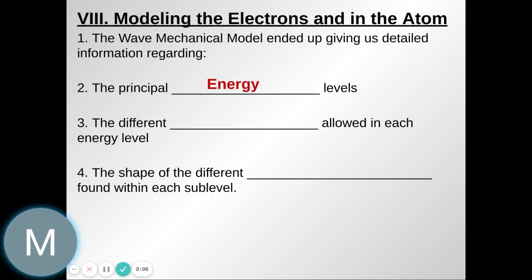First of all, principal energy levels. It's also going to give us information about the different sublevels that are allowed in each energy level, and about the shape of these probability regions. Those can either be called electron clouds or orbitals.